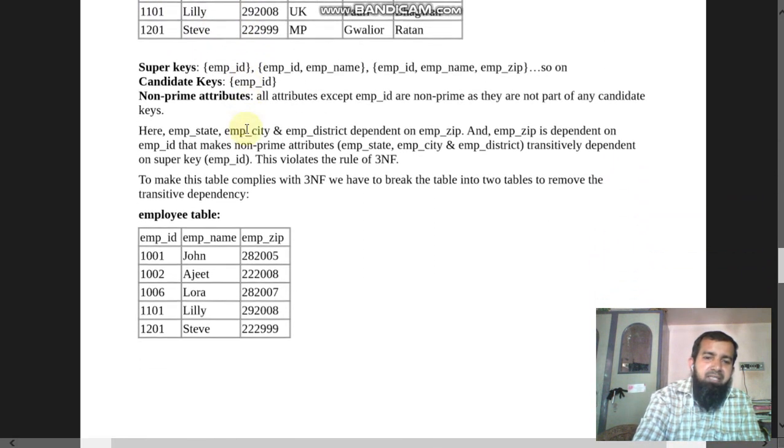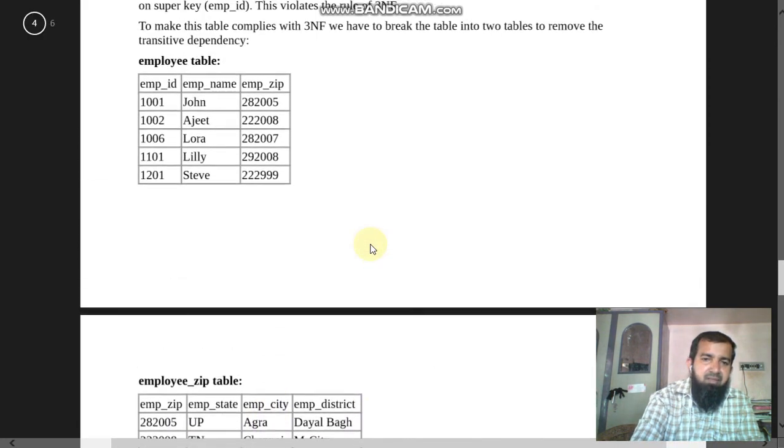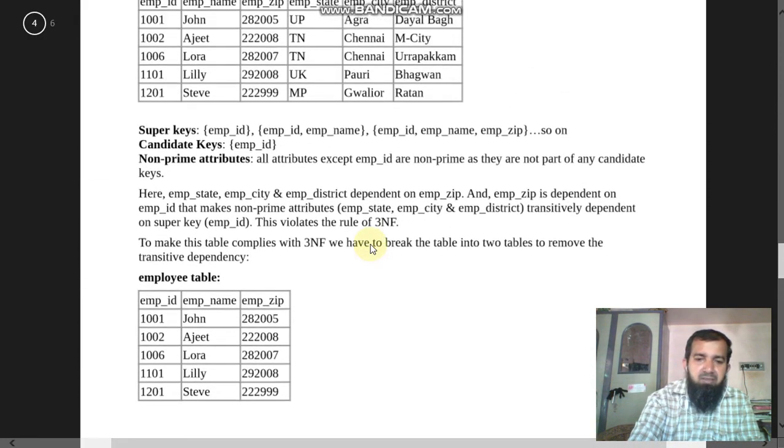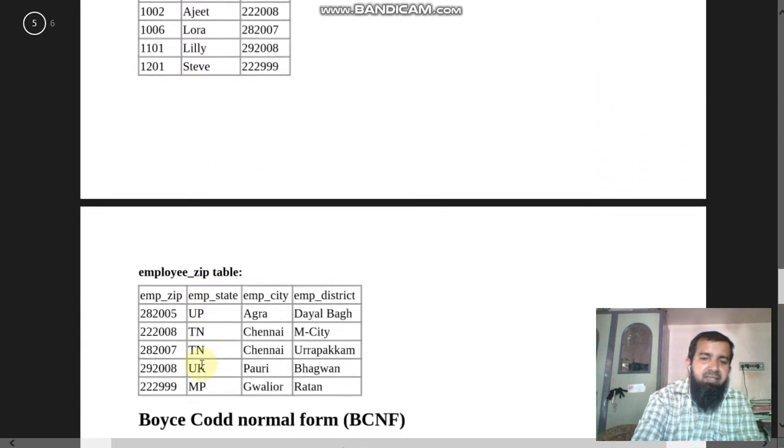And one more table has employee zip, employee state, employee city, and employee district. These four columns form one table, and the first three columns form the other.